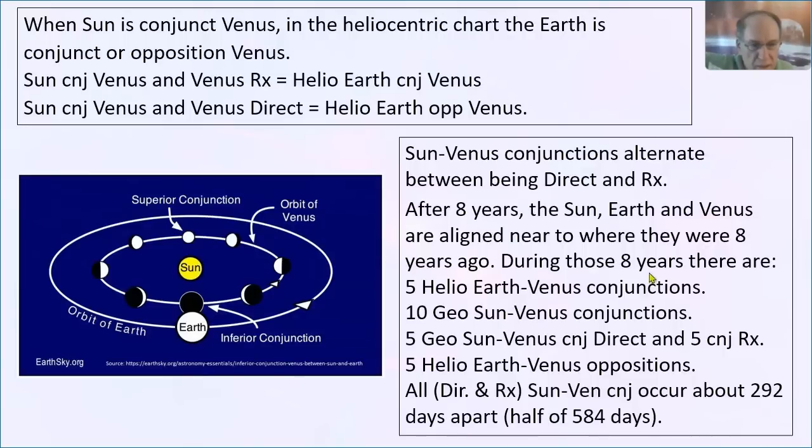So in 8 years, number 1, I've got my cursor on these critical points here. There are 5 helio-Earth-Venus conjunctions. That's what I just said. Heliocentrically, there are 5. However, there are 10 geocentric Sun-Venus conjunctions in 8 years. So when we say that there are 5 conjunctions of Sun and Venus in 8 years, actually there are 10, because there are 5 where Venus is direct and 5 where it's retrograde.